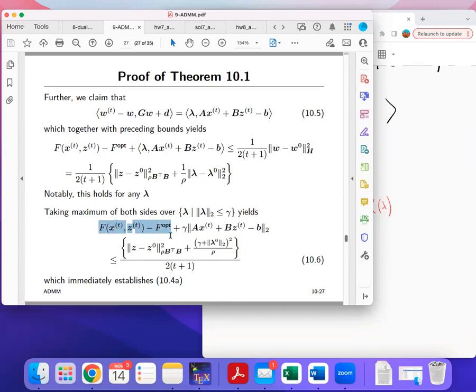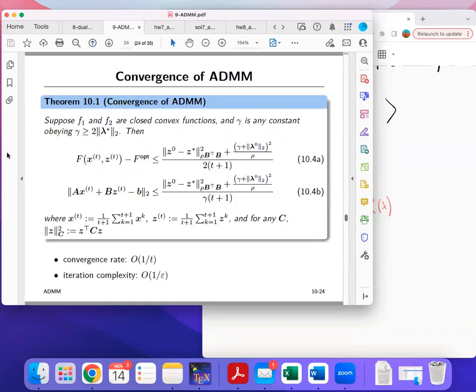And there are some techniques to show that once we have this assumption, this optimality gap can be bounded by some constants. And that can lead us to this one.